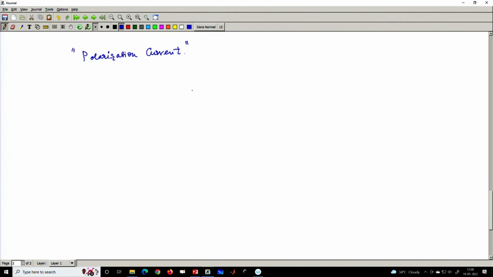Suppose we have a rod like this, and this is the polarization, and this is a small area perpendicular to the polarization, and there is a difference between the two ends.